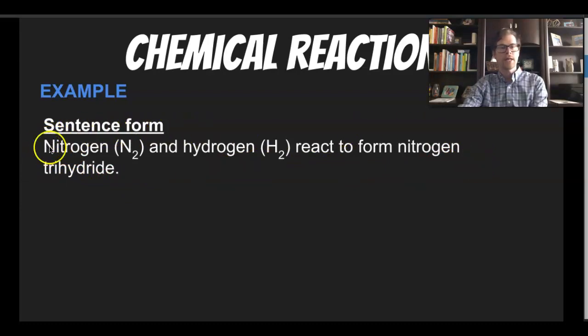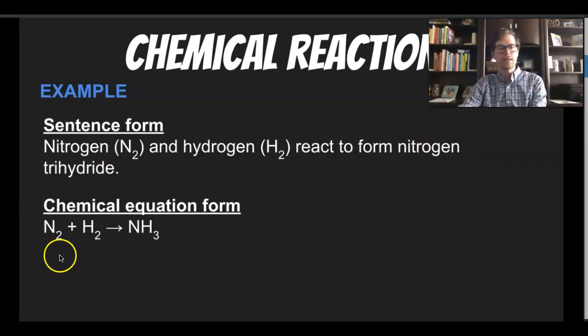And so we know our reactants are nitrogen and hydrogen, N2 and H2, and then we would want to use our covalent compound naming to figure out that this is 1 nitrogen and 3 hydrogens. So we should end up with this, N2 plus H2, those are our reactants, arrow pointing to NH3. So this reaction is these two things combined, and they form nitrogen trihydride.